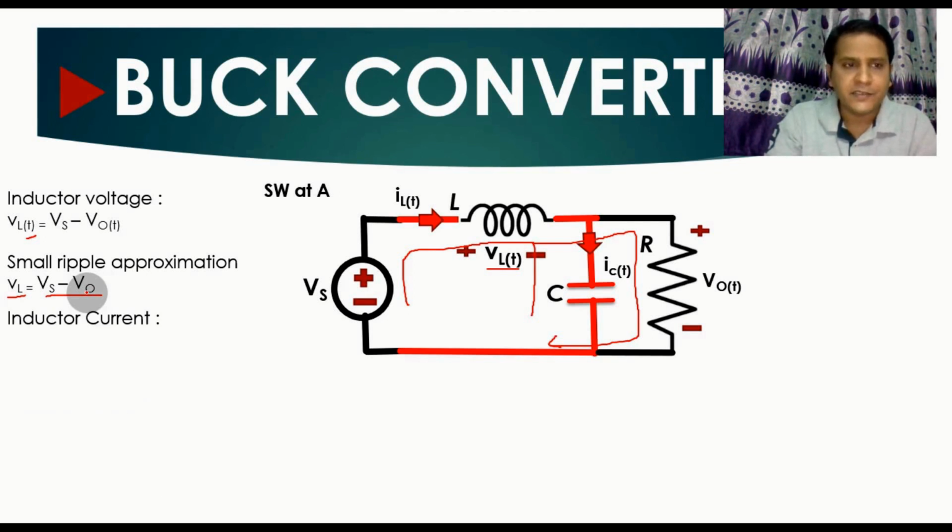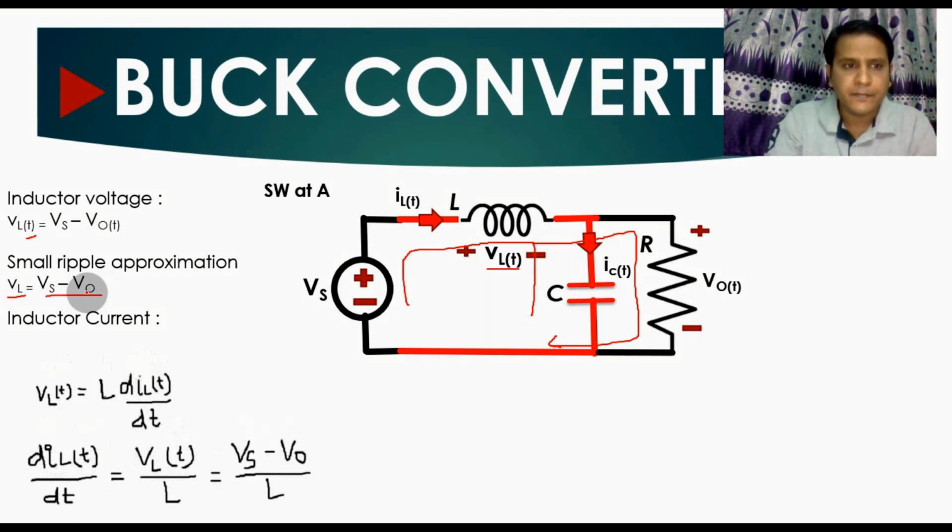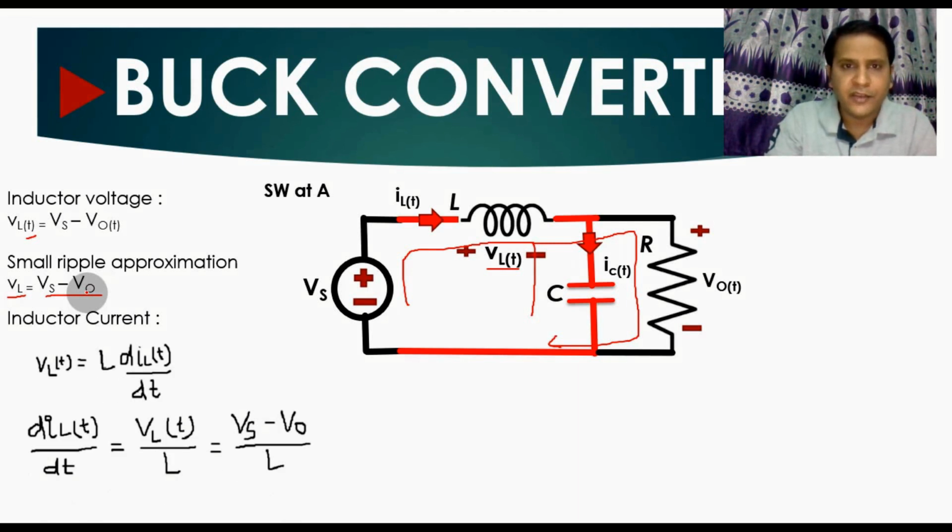Now let us understand the current for the inductor. If you want to find the current flowing through this inductor, that is IL(t) over a time period T, how will you find it? You know that the voltage across the inductor is VL(t) equals L dIL(t) by dt. That means VL equals L dIL by dt.